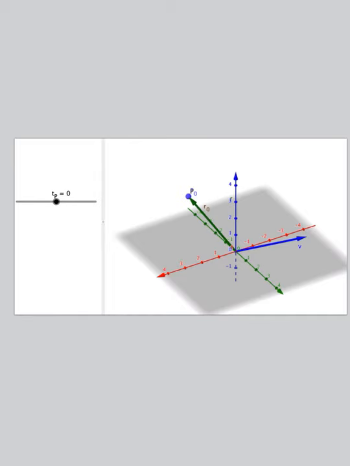So just to show you what I'm talking about, here's what I was trying to draw. Here's my point P naught, that x naught, y naught, z naught I was talking about. Here's its position vector, this r naught. And here's the vector that is parallel to my line.